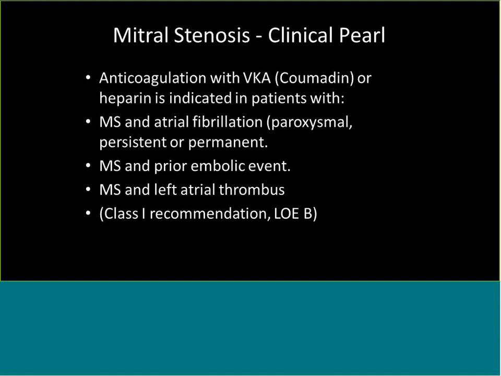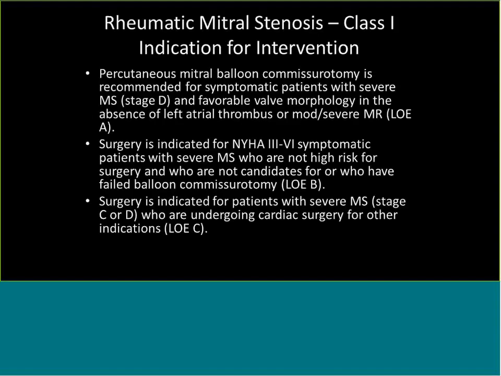For patients who have had operative intervention but have known MS, there is a class of indication for the NOACs, the direct oral anticoagulants, in addition to the VKA. There's another slide about that a little bit later. They changed that, so that's a new 2017 guideline. MS and atrial fibrillation, whether paroxysmal, persistent, or permanent, MS and a prior embolic event, or MS and a left atrial thrombus are class 1 recommendations.